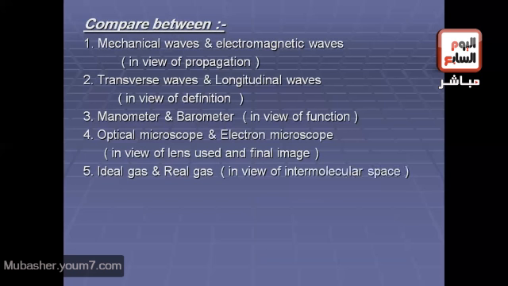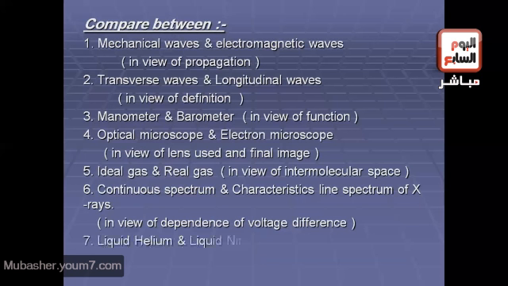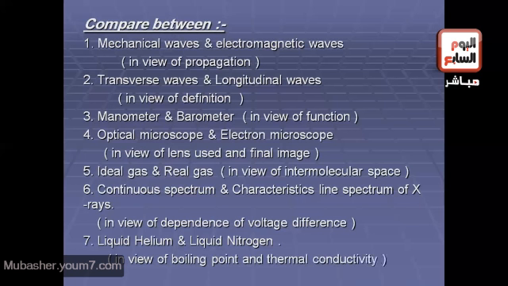The fifth comparison is between ideal gas and real gas in view of intermolecular space. Number 6, continuous spectrum and characteristic line spectrum of X-rays in view of dependence on voltage difference.